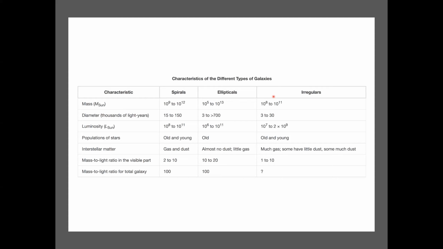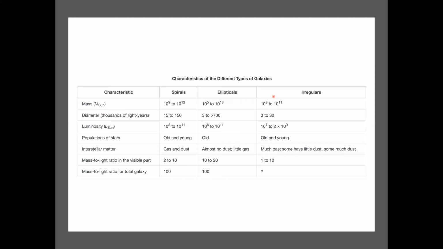In terms of size, ellipticals sometimes can be very large. For the luminosity, it's roughly in the same range. However, for the star population, you have both old and young stars in spiral galaxies, but in elliptical galaxies mainly older stars. So those are the basic differences.